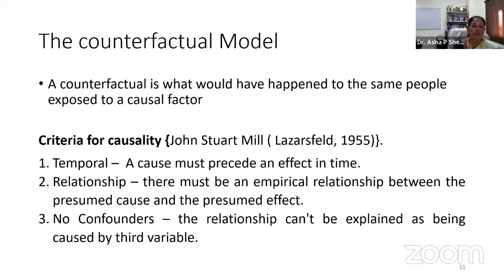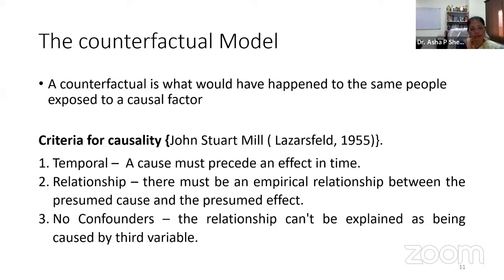And next is no confounders. No confounders means the relationship can't be explained as being caused by a third variable. Let's say, for example, we are finding this cancer among the smokers. Suppose it happens that these smokers are living in an urban environment, and there would then be some other factors.